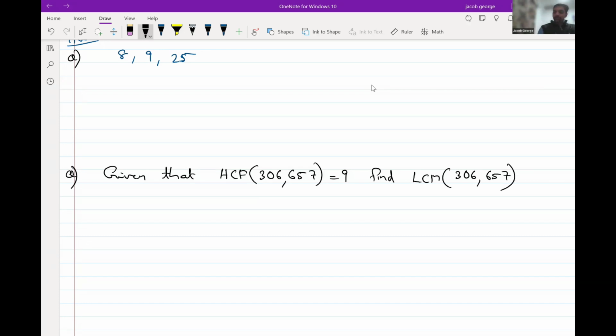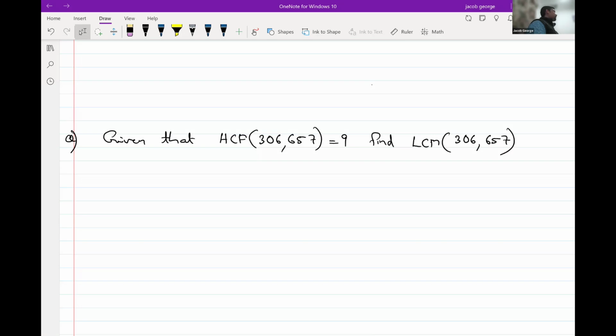Please write. Given that HCF of 306, 657 is equal to 9, find LCM of 306, 657.